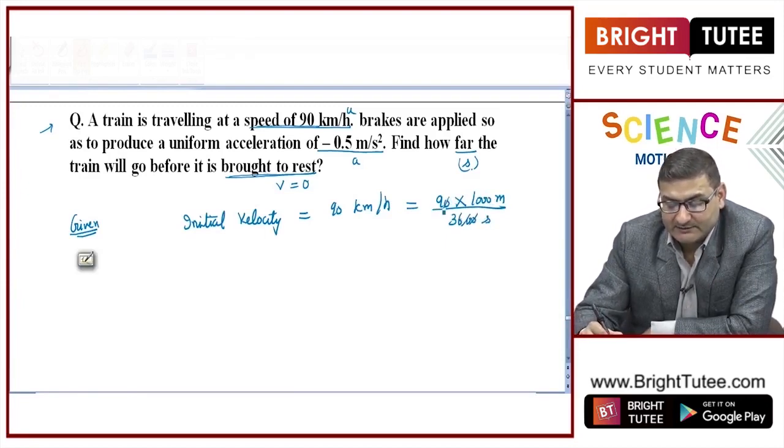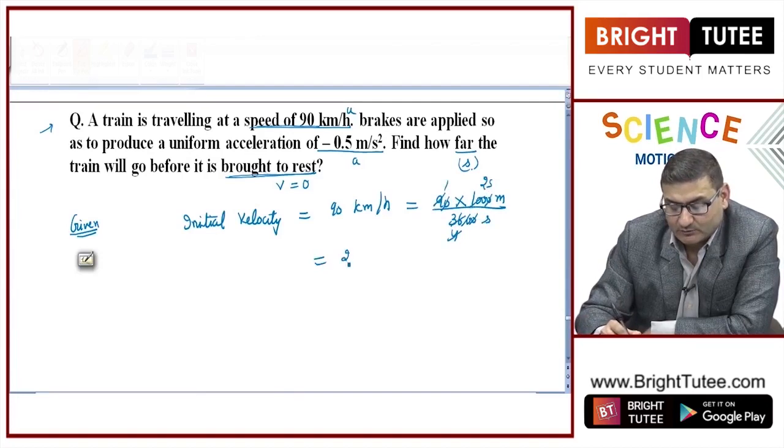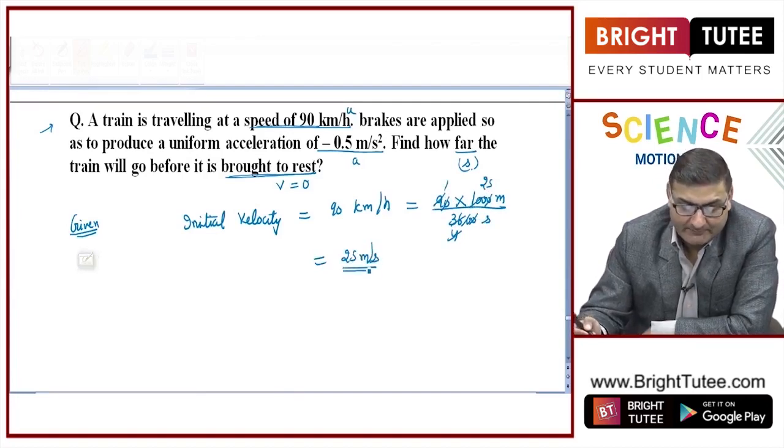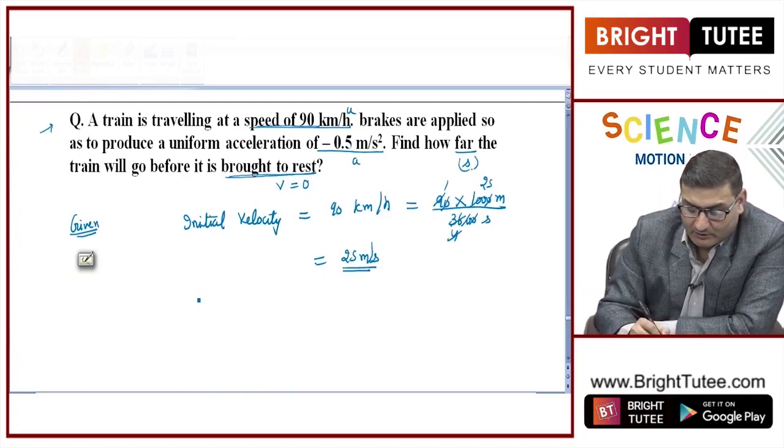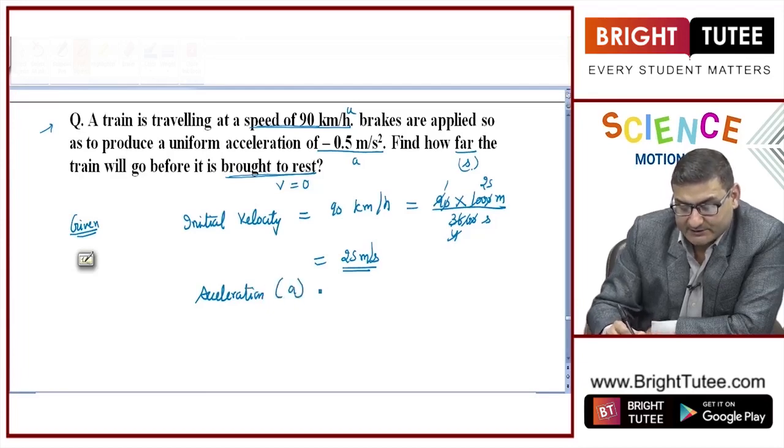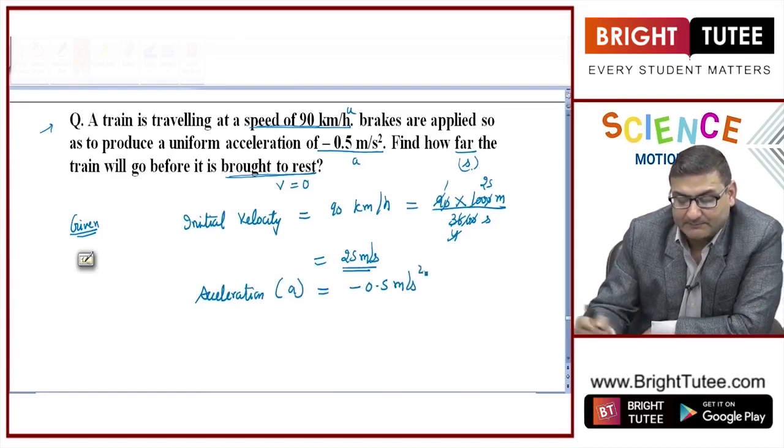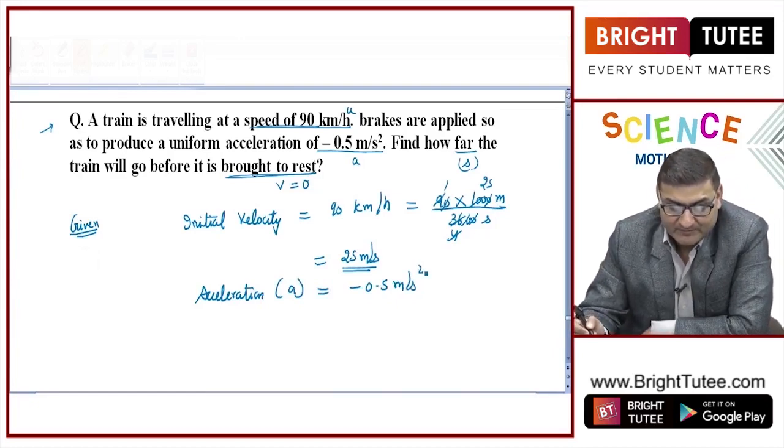Cancelling out the zeros, 9 fours are 36, 36 fours are 9, and 4 fives are 20, that comes out to be 25 meter per second. Right? Uniform acceleration or retardation is given to us in the question. This is retardation, which is minus 0.5 meters per second square. Right?